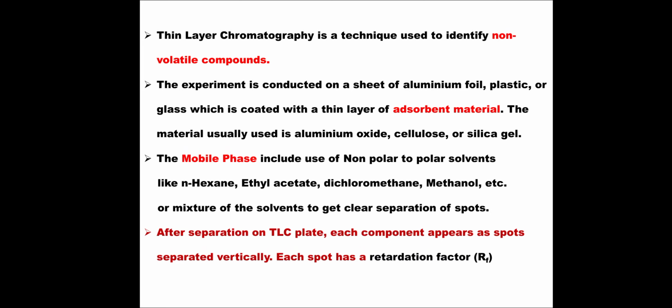After separation on the TLC plate, each component appears as a spot separated vertically. Each spot has a retardation factor, that is RF, and that RF is nothing but the distance traveled by sample divided by distance traveled by solvent.